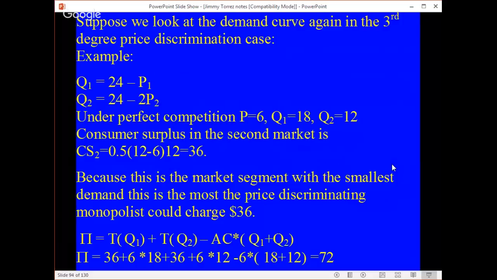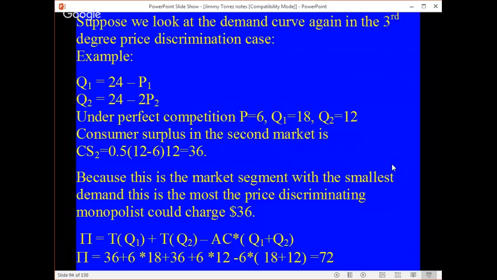Suppose I have two groups, like we had before. Q1 is 24 minus P1, Q2 is equal to 24 minus 2P2. Under perfect competition, price is equal to 6, Q1 is equal to 18, Q2 is equal to 12. So consumer surplus is that upper triangle, 0.5 times (12 minus 6) times 12, which is Q2, that's equal to 36.